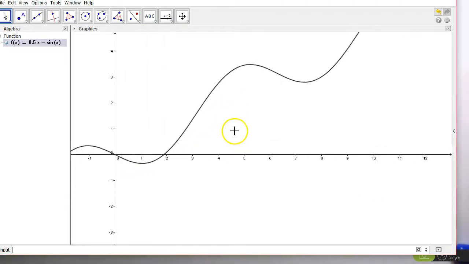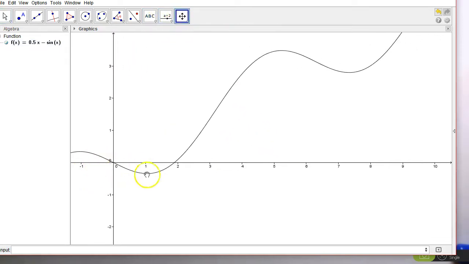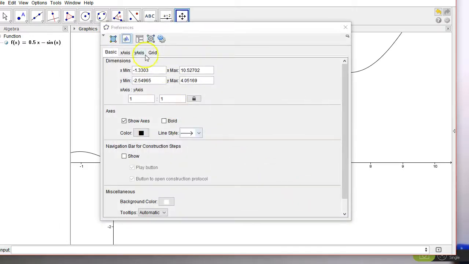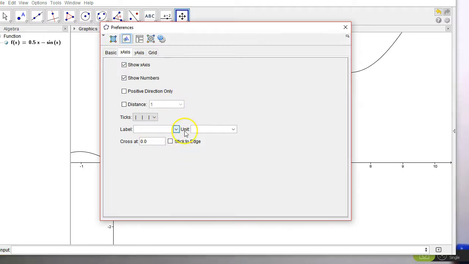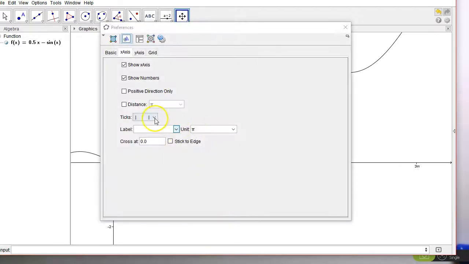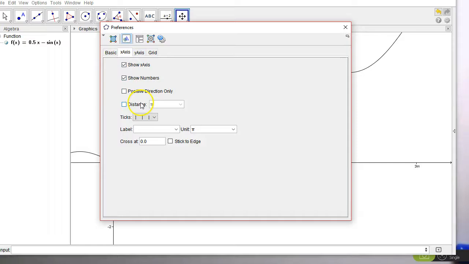And you can see here from 0, let me change the x scale here. Graphics, x-axis units. No, I guess it's the best I can do.